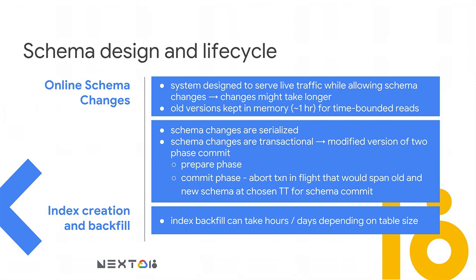Another point to consider is that we keep schema changes in memory for about an hour, a little longer. The reason is that we allow time-bounded reads. In time-bounded reads, you can go back in time, and by going back in time, you could hit an old schema. So we still need to be able to serve the traffic for that old schema for time-bounded reads. Keep that in mind.